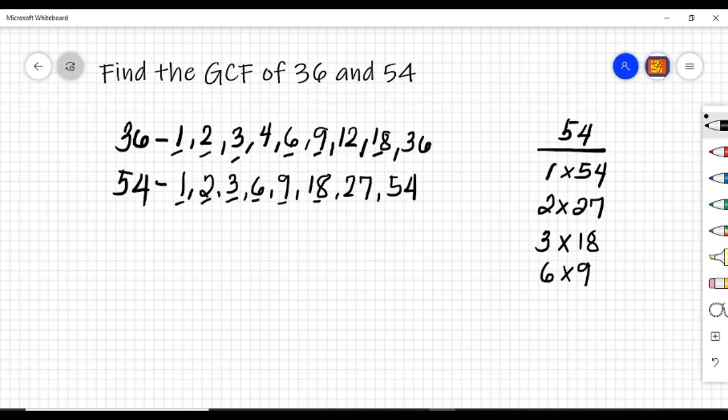So now the greatest common factor is 18. Therefore, the GCF of 36 and 54 is 18.